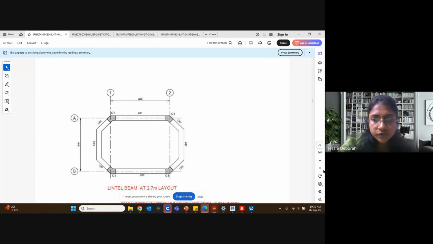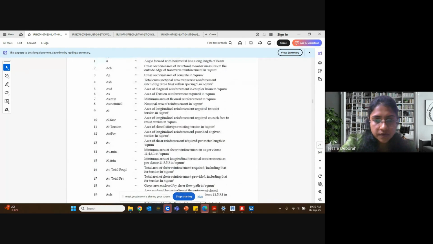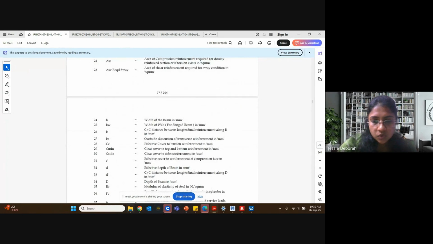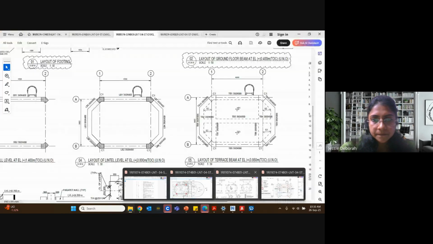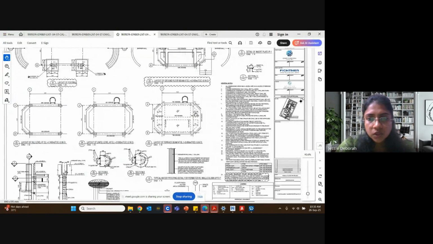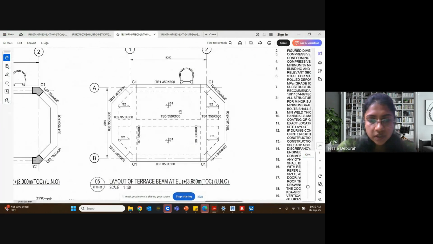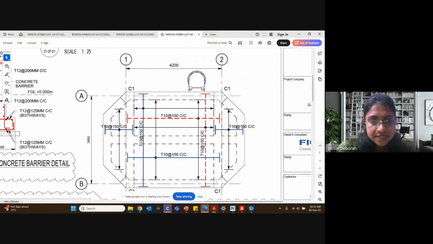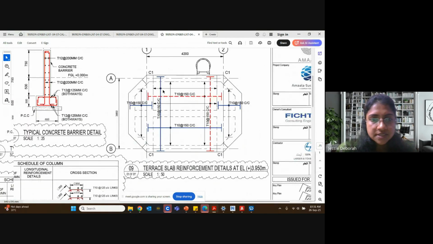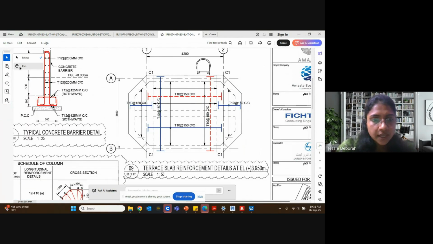Then we will go for the lintel beams. Okay, using that we will generate drawings like this, which our site will use for execution.